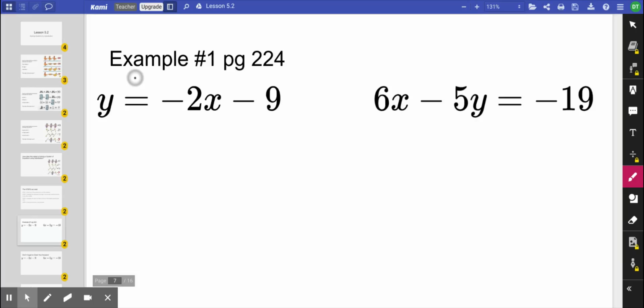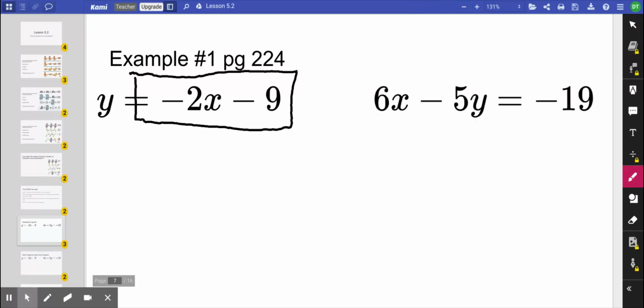And so if you notice, y is equal to the negative 2x minus 9. So we don't have to actually do step 1, solve one of the equations for one of the variables. It's already done there. Our second equation, 6x minus 5y equals negative 19, is the equation that we would then substitute. So we're doing step 2 now.